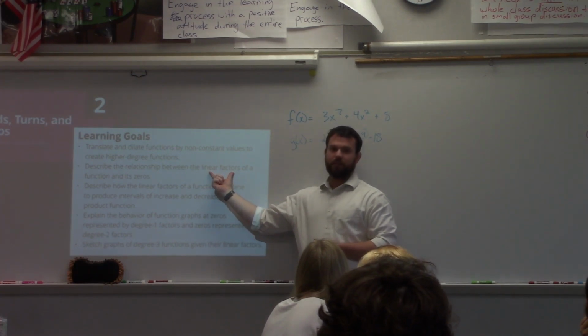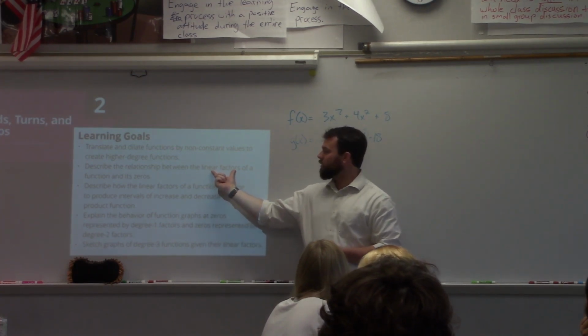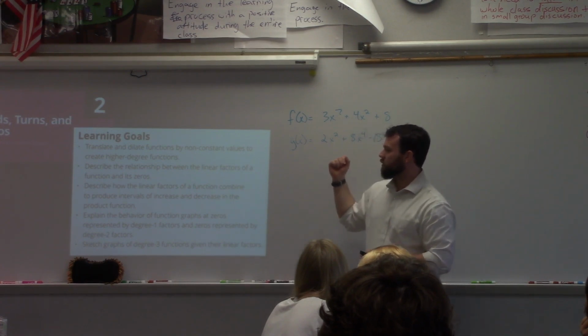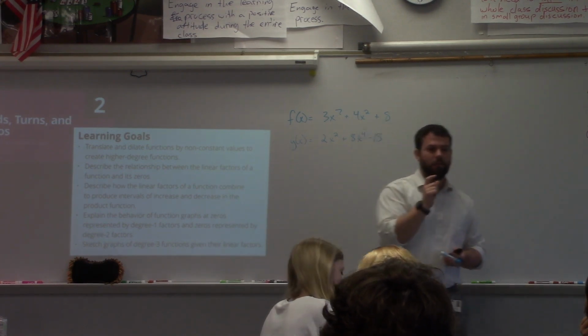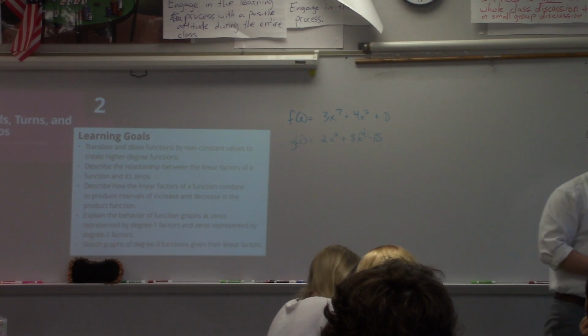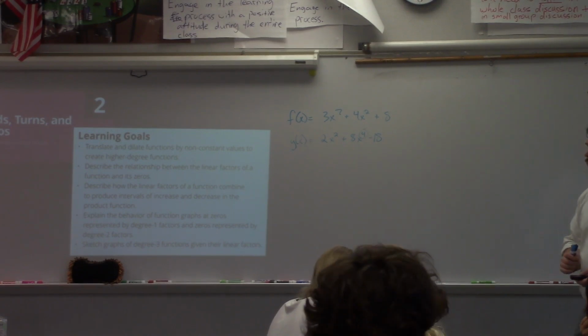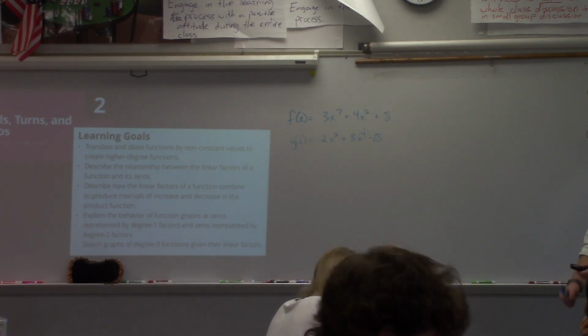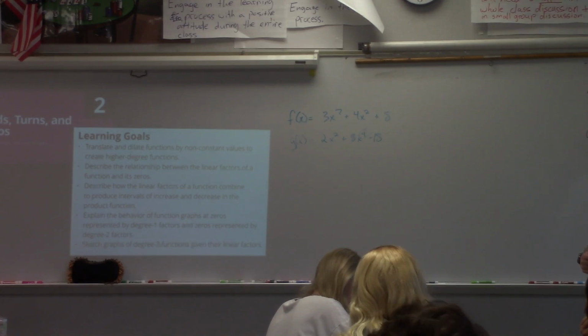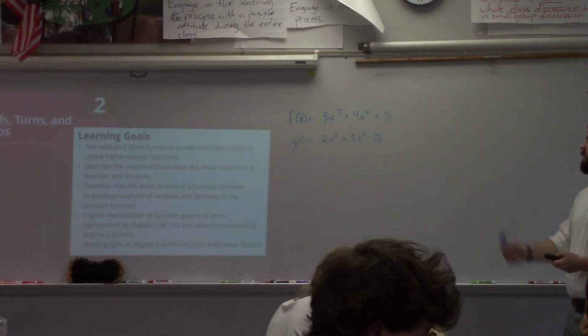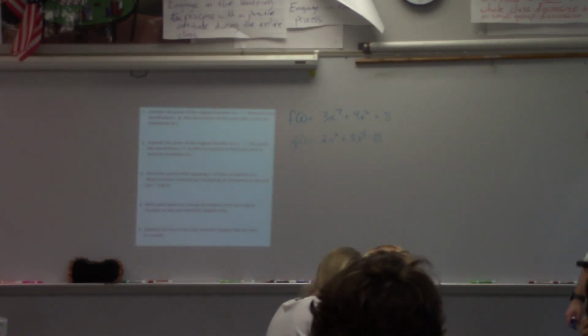The linear factors and the what of those linear factors? Zeros. Those are the keys that we are focusing on today, and we're going to go a little bit beyond that with that third objective, trying to figure out how these functions are increasing and decreasing based on those linear factors. We're going to start sketching things today.